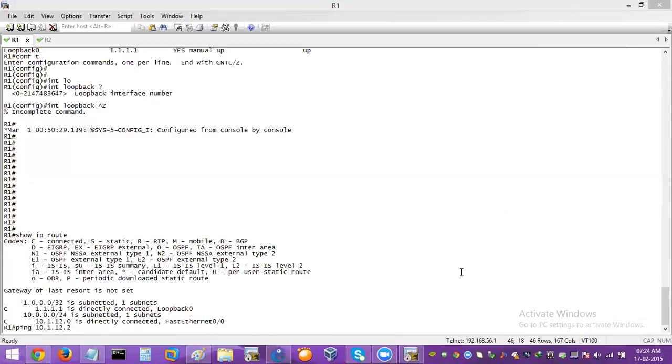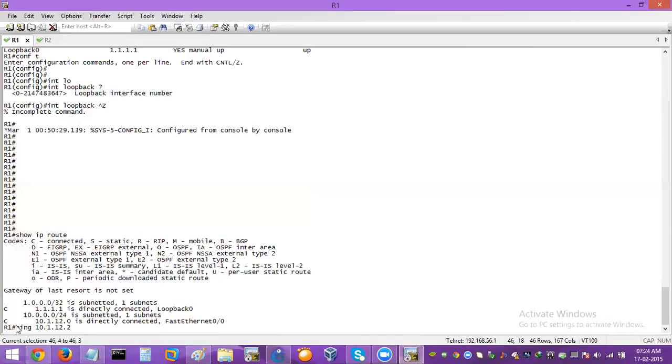Okay, now what about Ali and Anjum? Can you repeat the question? The question is, right now on R1, I'm trying to make a ping from R1 to 10.1.12.2. Will it be a success or will it fail?